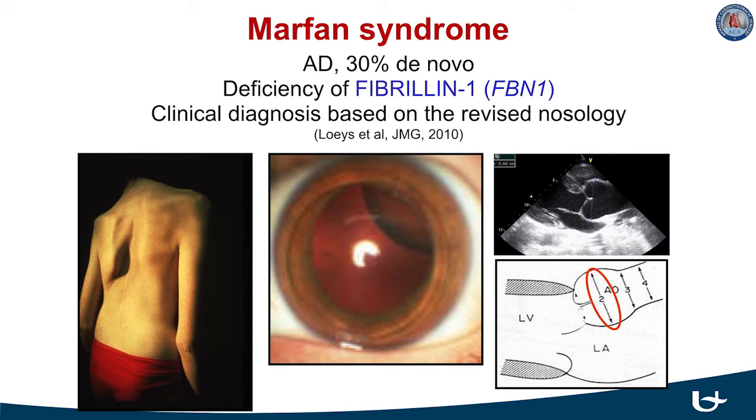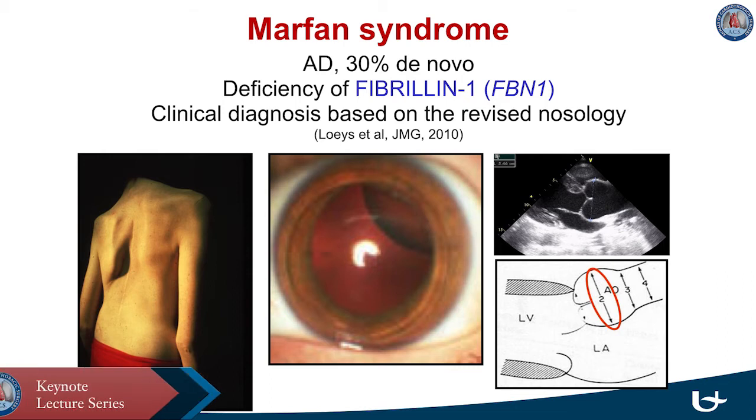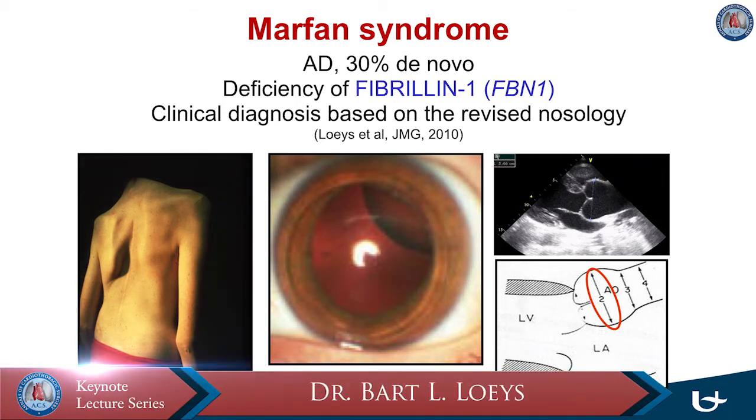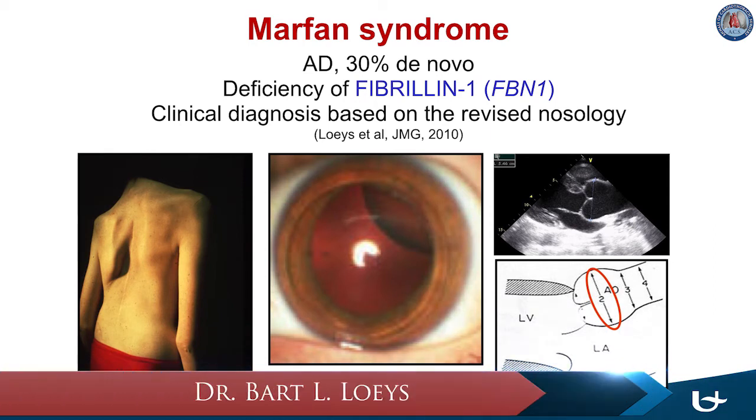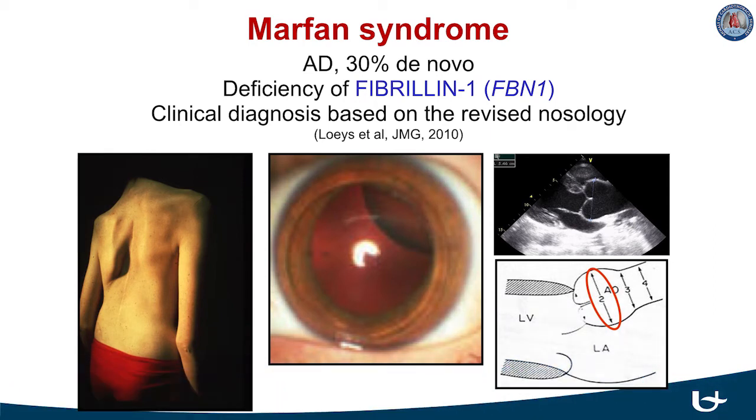The current clinical diagnosis decision-making is based on the revised Marfan nosology defined in 2010. This nosology is based on clinical findings in 3 main organ systems.